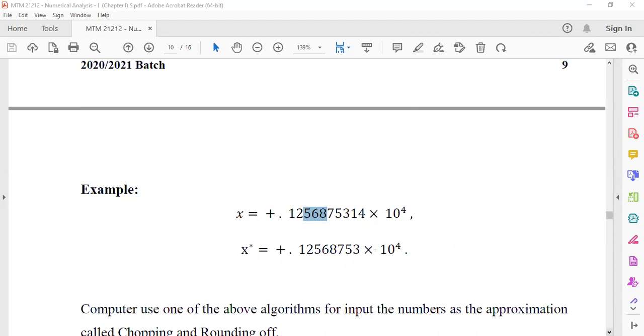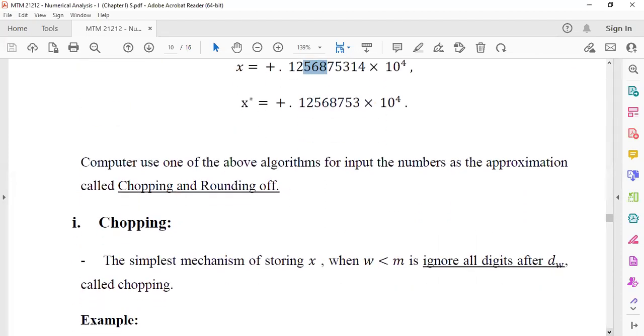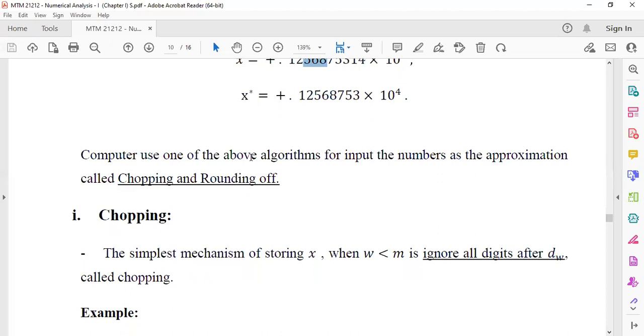Okay, now let's continue. The computer uses one of the above algorithms for inputting the number as an approximation, called chopping. So it means, according to the computer, w greater than or equal to m, or w less than m, we will have some algorithm. Algorithm means the computer is instructed to do these things.